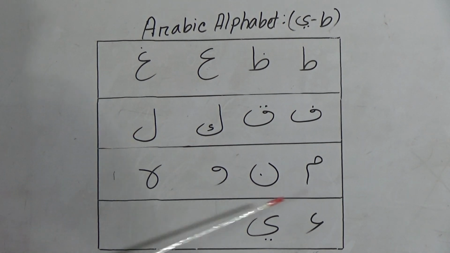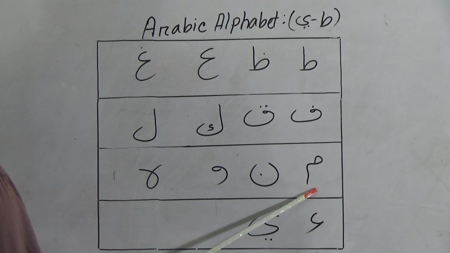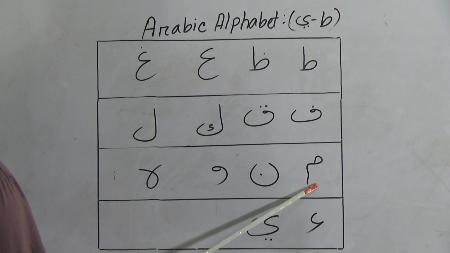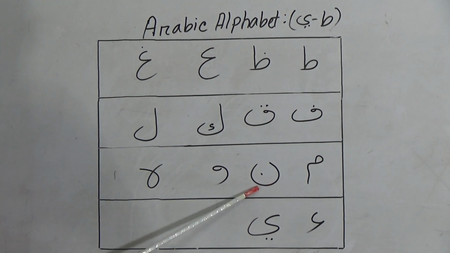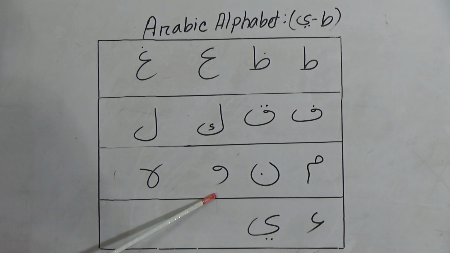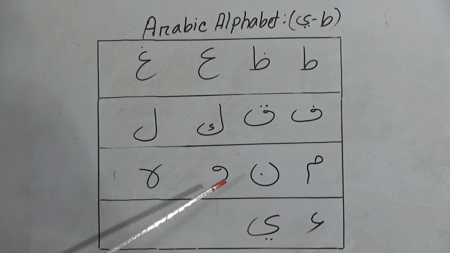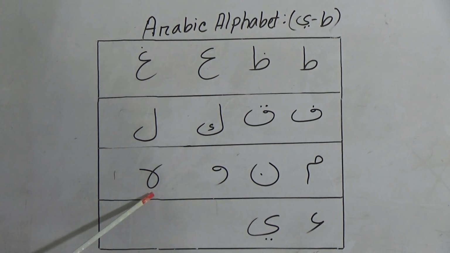You know that this alphabet is called Lam. This one is Mim, and this one is Noon, and this one is Waw, and this one is Ha.